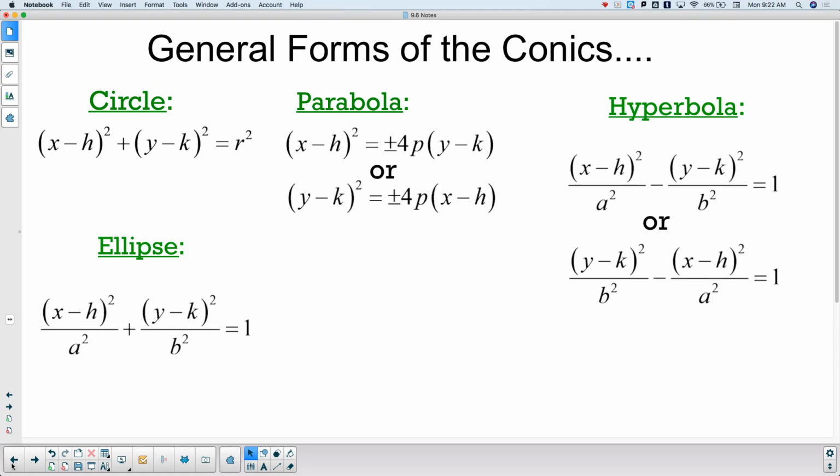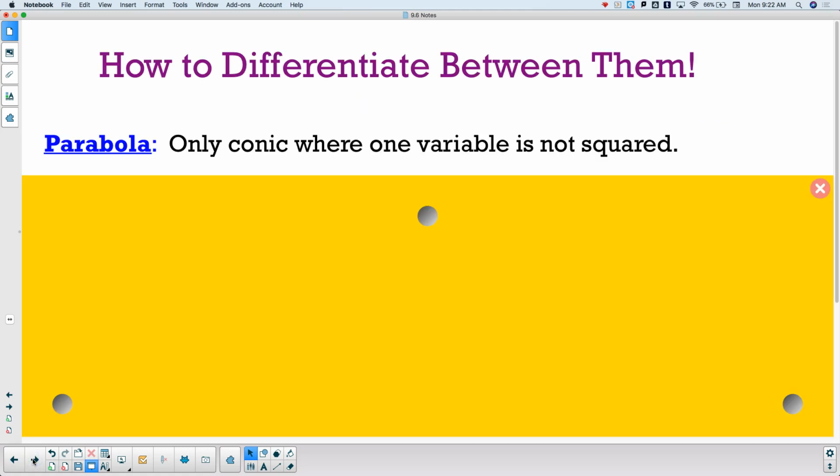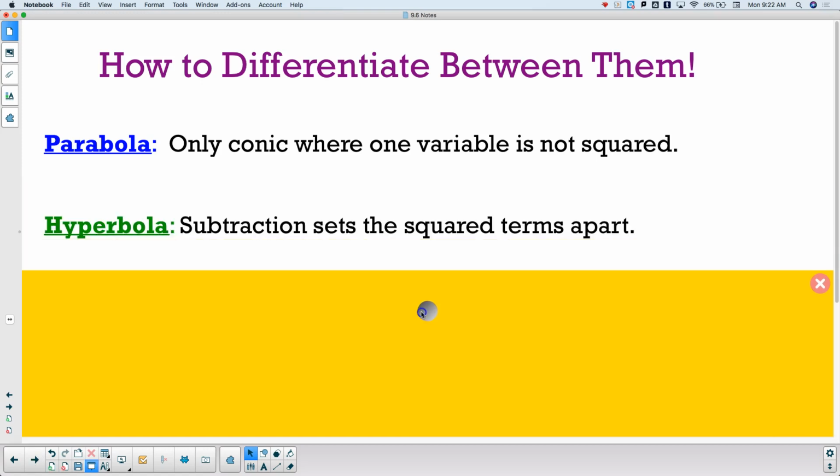But that's just a number though, so that's really not a variable. Okay? But yeah, I would have 3 squares. One big takeaway. Hyperbolas have subtraction. Hyperbolas have subtraction signs. The other 2 over here, circles and ellipses, are adding. Right? Okay? So another big one is that hyperbolas is the only one where subtraction sets apart the squared terms.